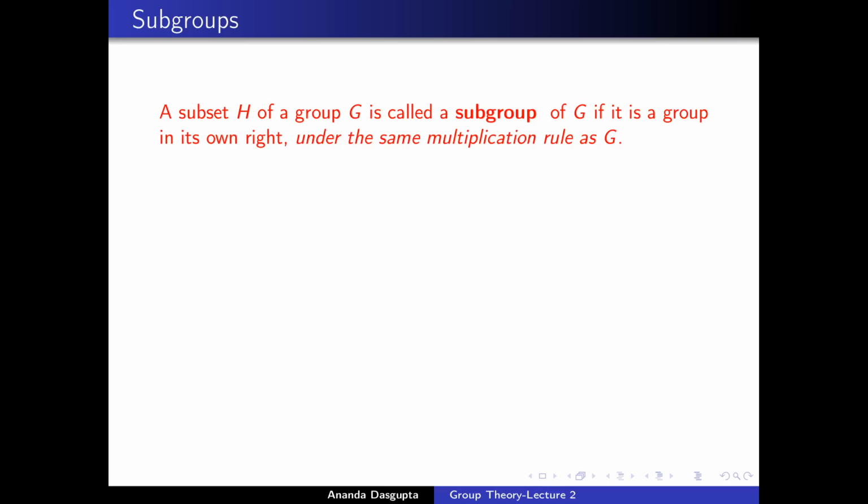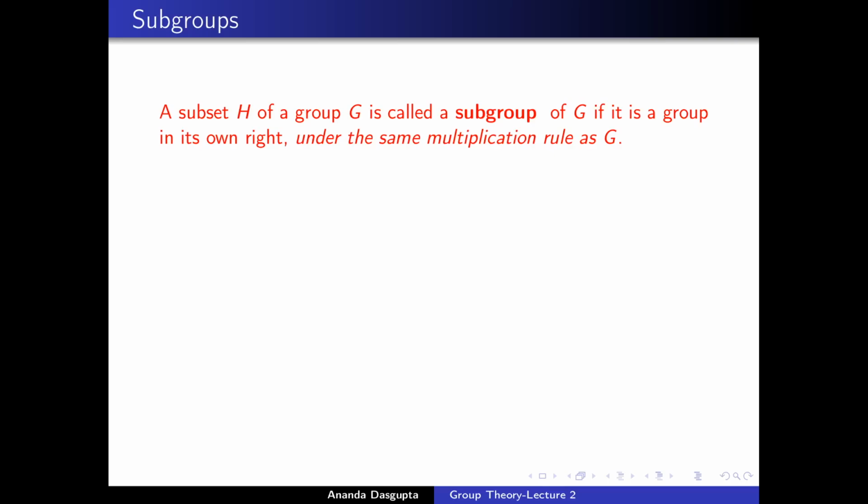It is a group in its own right under the same multiplication rule, so it also is a subgroup. SON is actually a subset of ON, and it is also a subgroup of GLNR. So we have met plenty of subgroups in the few examples that we had seen before.